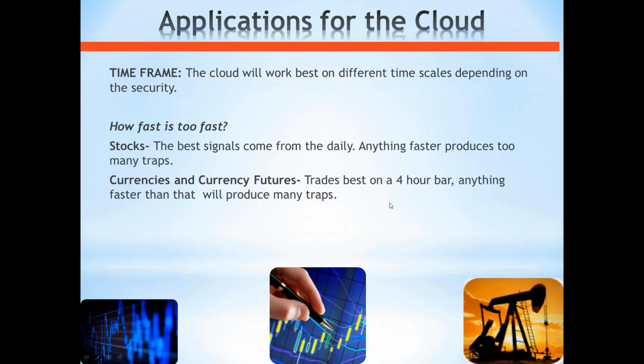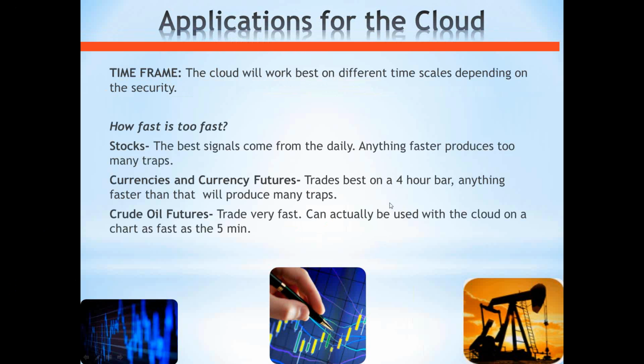But using this confirmation strategy that we're going to talk about in the next slide, I think we can get to a place where we're getting good signals off of something as fast as the 15-minute bar. Likewise, crude oil futures and other energy contracts, we can trade those on the 5-minute bar. So really it's only about confirming them on higher time frames, okay? So I want to jump into the actual trading plan, and we're going to talk about some currency pairs here to start.